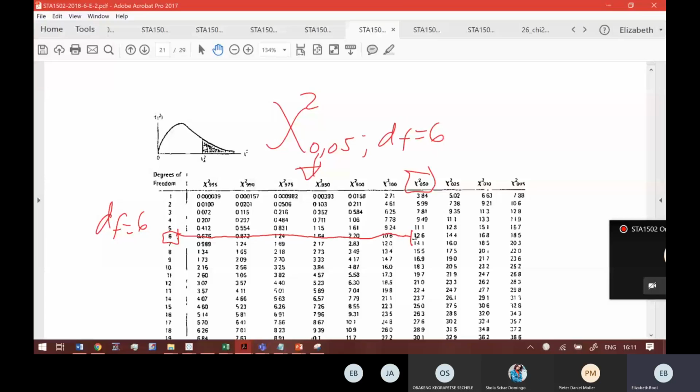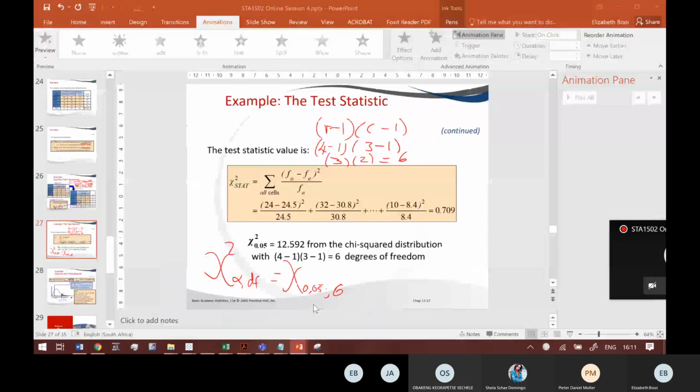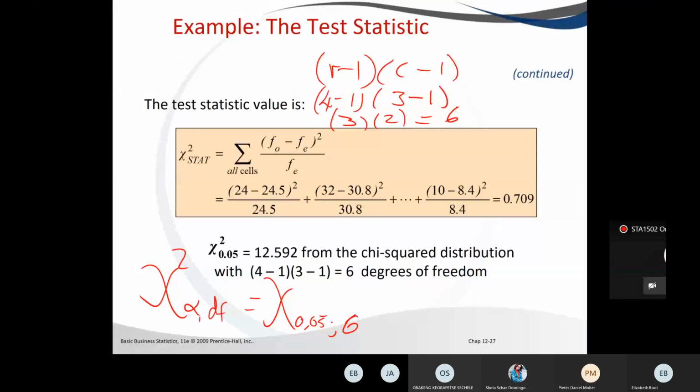And the answer we have is 12.6. Because the table I took the value from was a 3-digit table, I have 12.5, but it is the same as 12.6. So you go find the critical value.